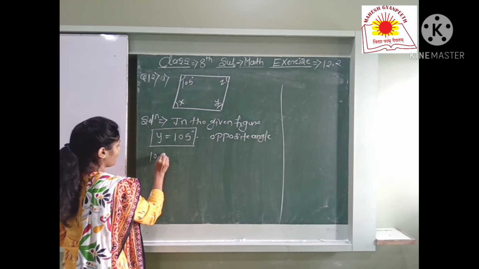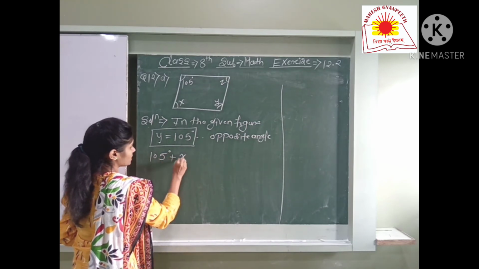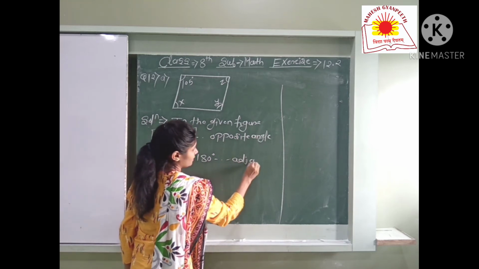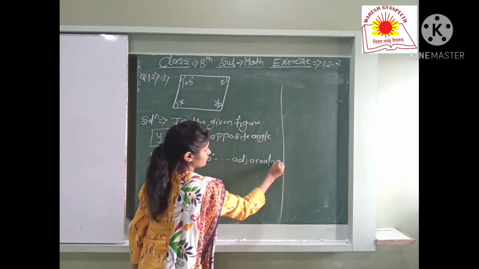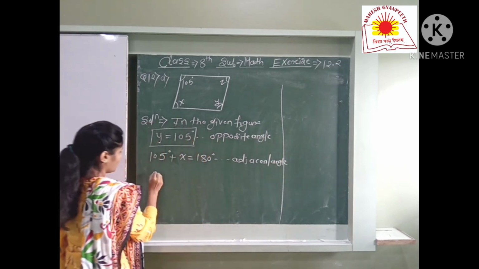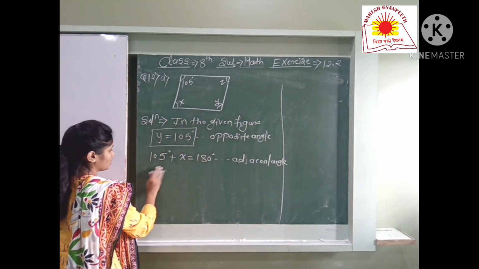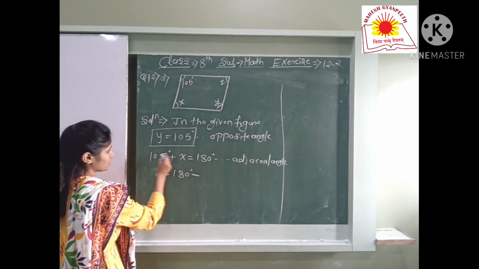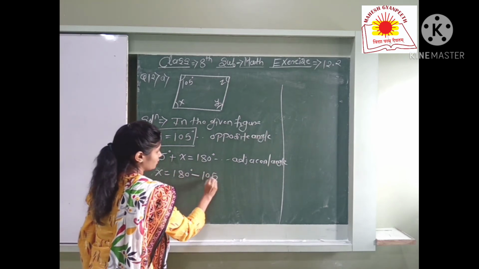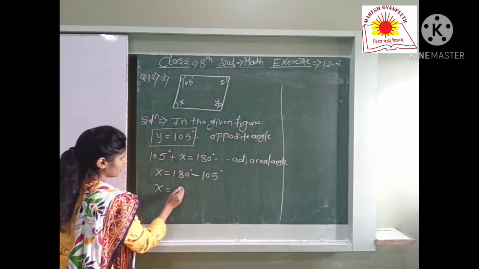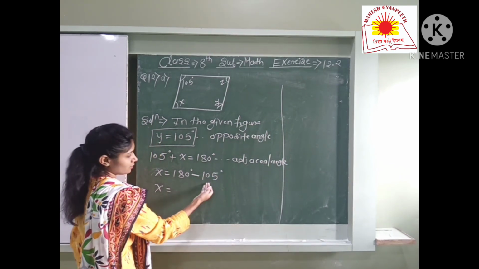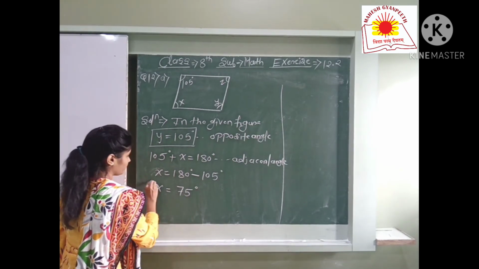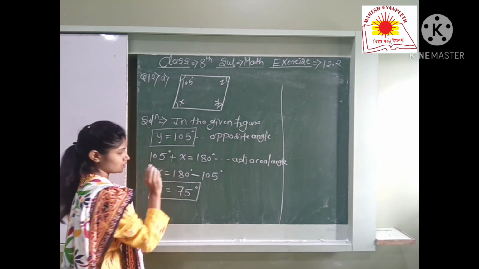So 105 plus x is equal to 180 degrees. Transferring 105 to this side, x is equal to 180 minus 105, which is 75 degrees.